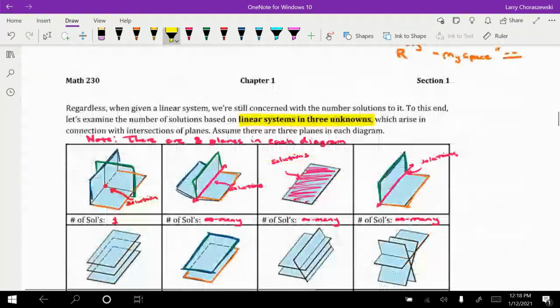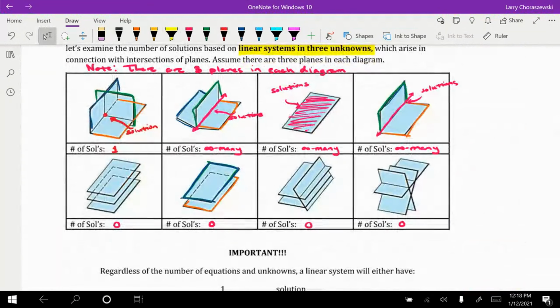Now, if we look at the conclusions for the intersecting planes, or lack thereof, we do see that a system can have one solution. We also see that a system can have infinitely many, and we also see that a system could have no solution.